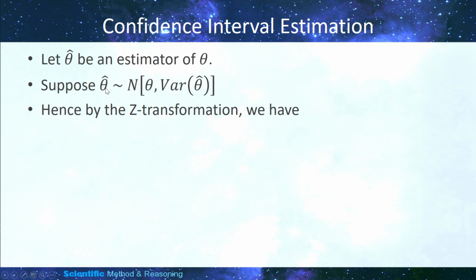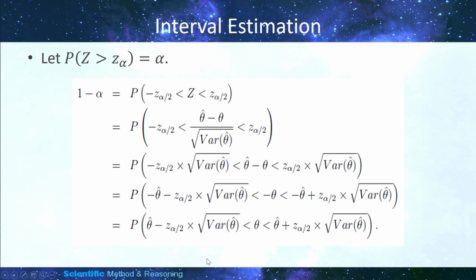By the z transformation, we have theta hat minus theta, that is, minus its mean, divided by the square root of its variance. And by the z transformation, this transformed variable follows more or less a standard normal distribution with mean 0 and variance 1.